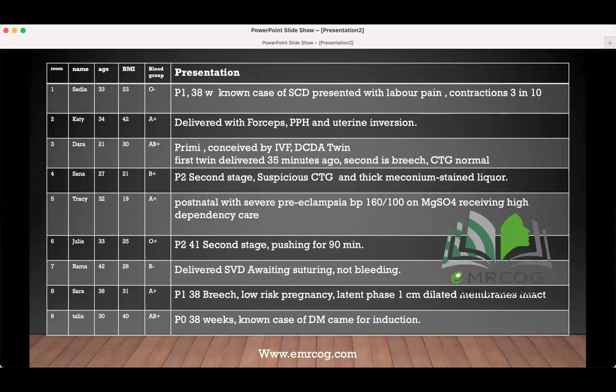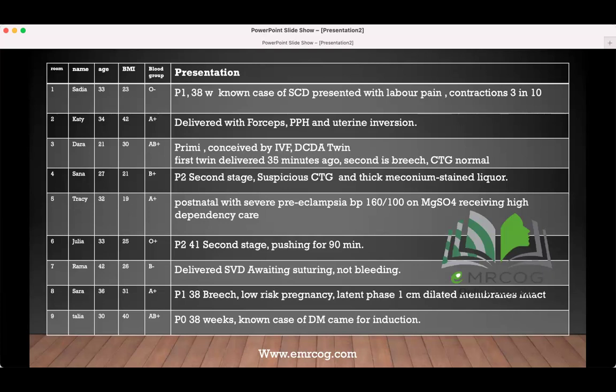So the next case is Katie. She's 34 years old with morbid obesity, and she is post-delivery complicated with postpartum hemorrhage and uterine inversion. This is an urgent case, so it will be attended by me, ST5, with the anesthetic registrar. First of all, I will inform obstetrician and anesthesia, alert hematologist, alert the blood transfusion laboratory, and also alert the consultant obstetrician.